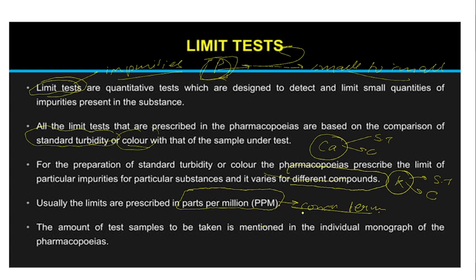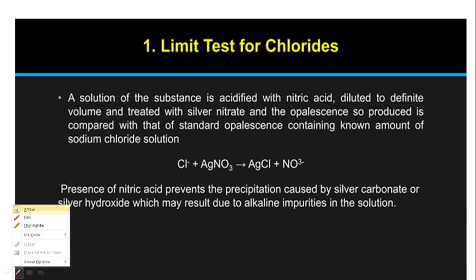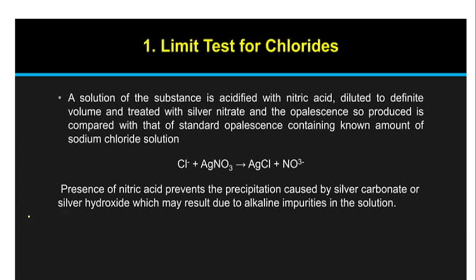These are basically the limit tests. Now, the very first is the limit test for chloride. If we want to know whether traces of chloride are present in a particular compound, the solution of the substance is acidified with nitric acid. Say I have this solution and I want to know if chloride is present.